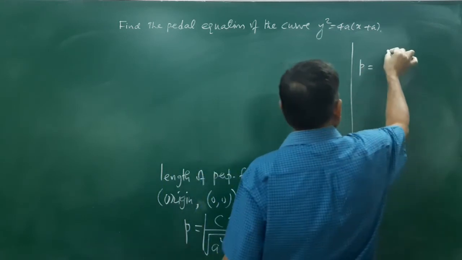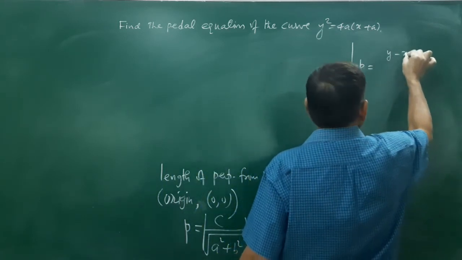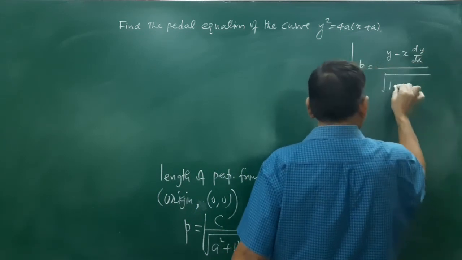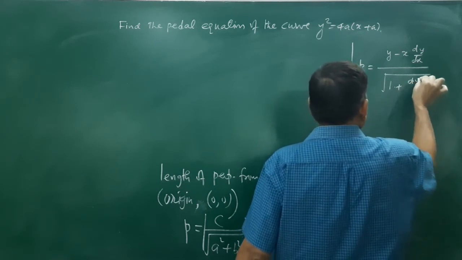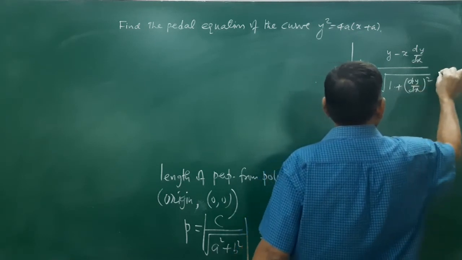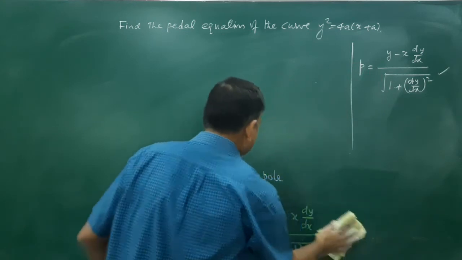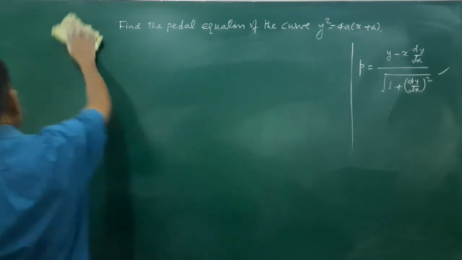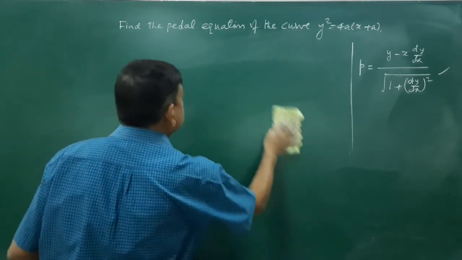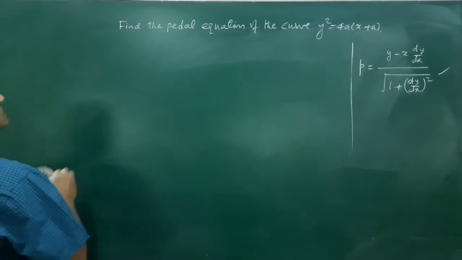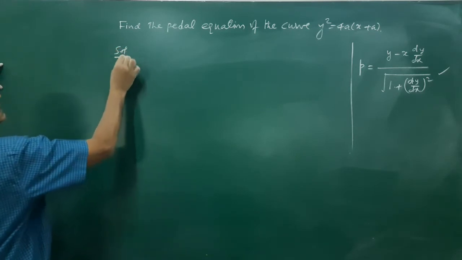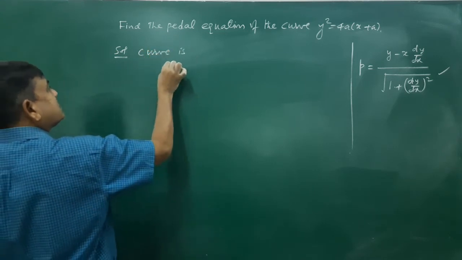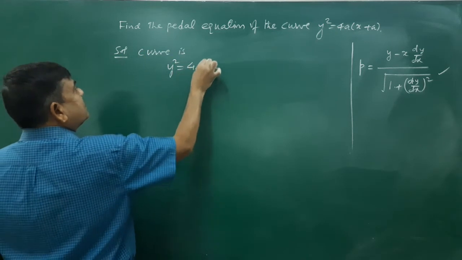P equals y minus x dy by dx upon under root 1 plus dy by dx whole square. Note this formula. This is the length of the perpendicular. Okay. The curve is y square equals 4a times x plus a.